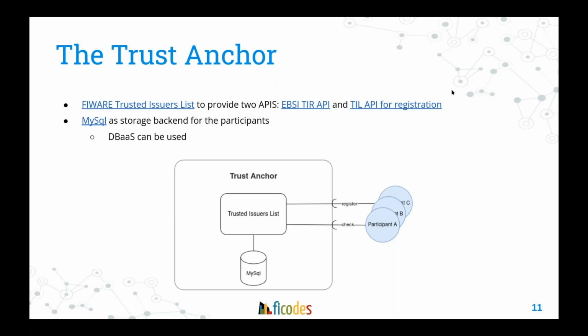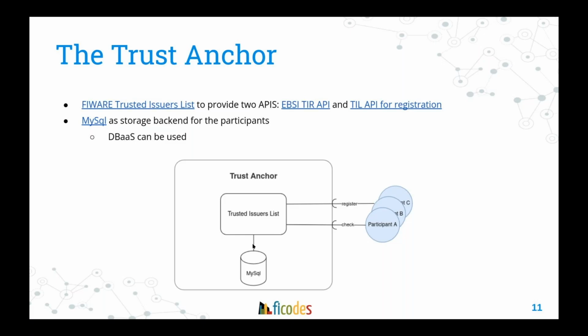Now, from a deployment view, how do we solve that? We install the FIWARE Trusted Issuers List, which actually provides two APIs. One is the EPSI Trusted Issuers API that we require for our participants to check if another one is already a participant, and it also offers the so-called Trusted Issuers List API that we implemented for registering new participants to our Trusted Issuers Registry.